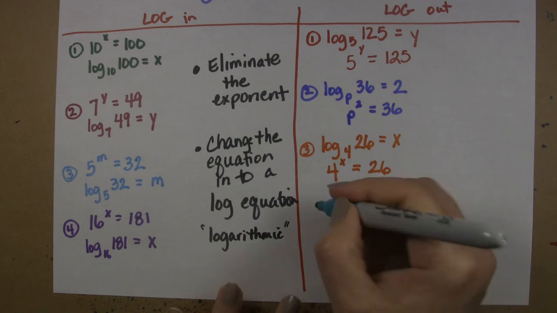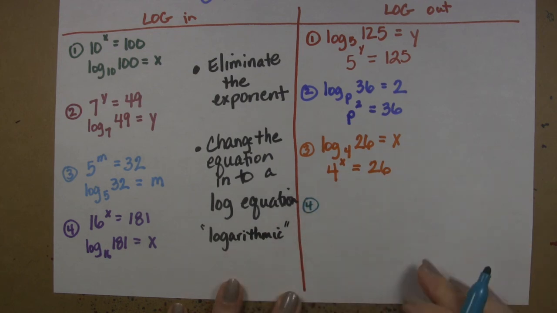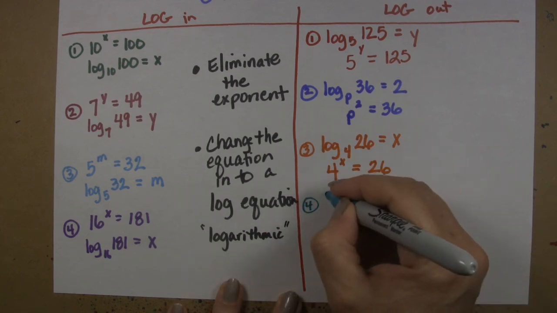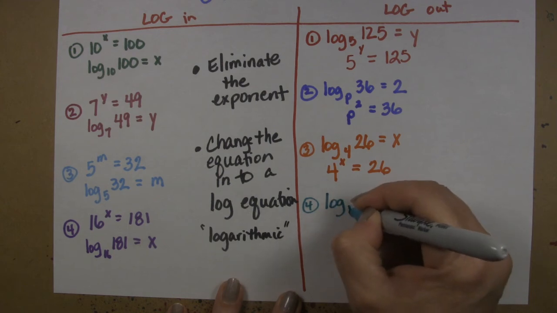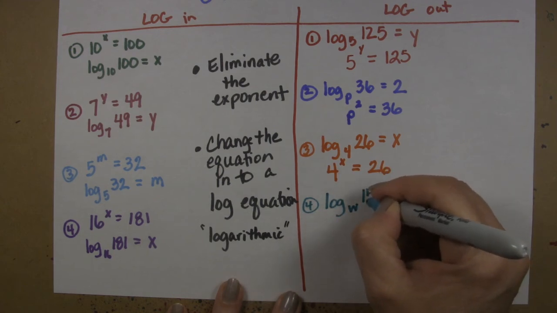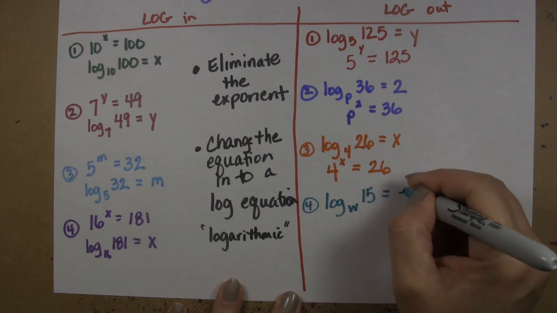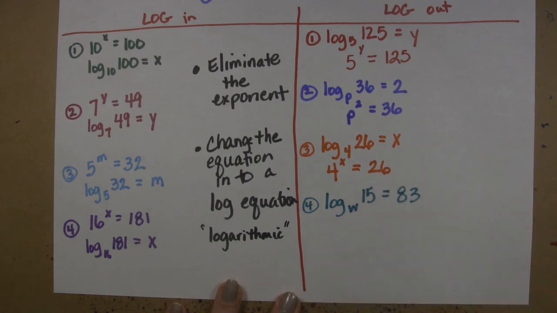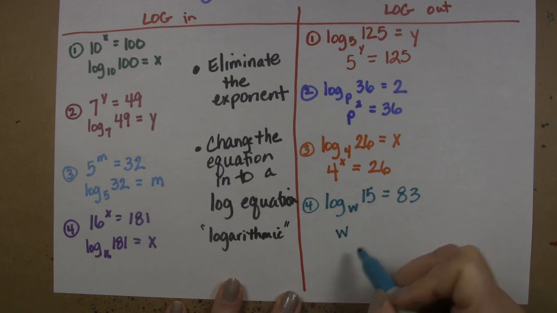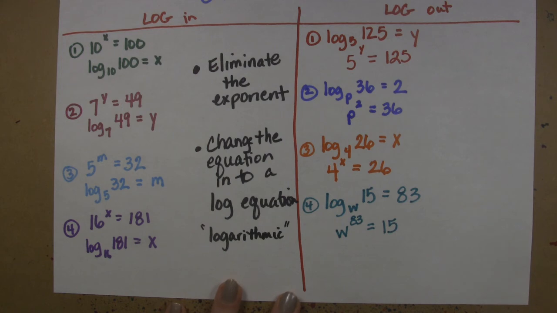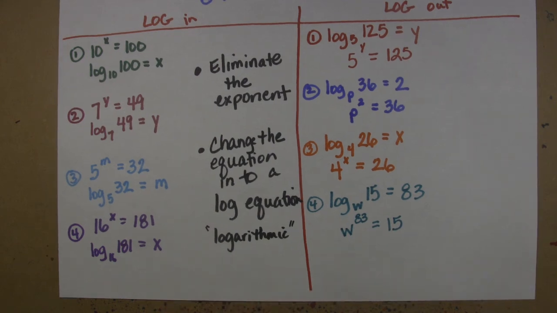And then we would have number 4, log base w going to 15 equals 83. Okay, let's rewrite that. We know we're going to have a base of w, we're going to raise it to 83, and we need that to equal 15. Okay? So those are some examples of how we would take the word log out.